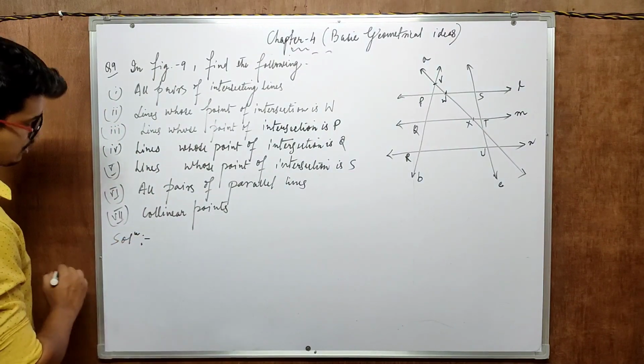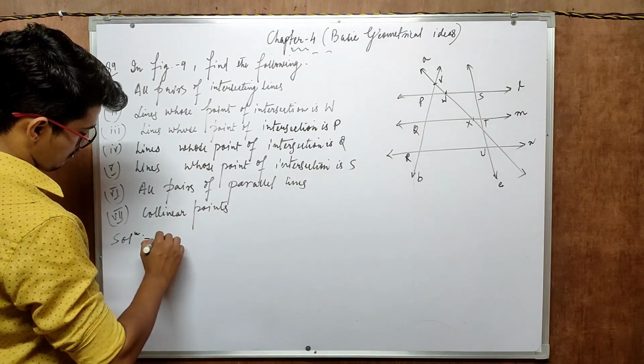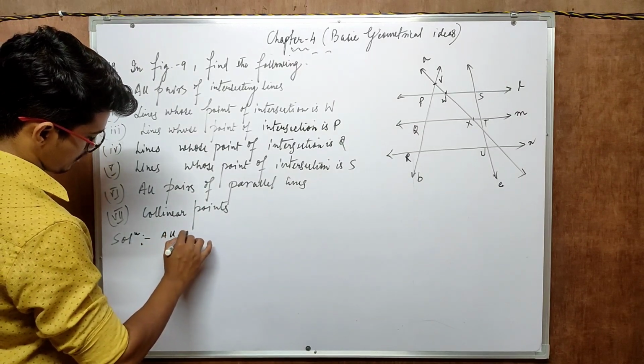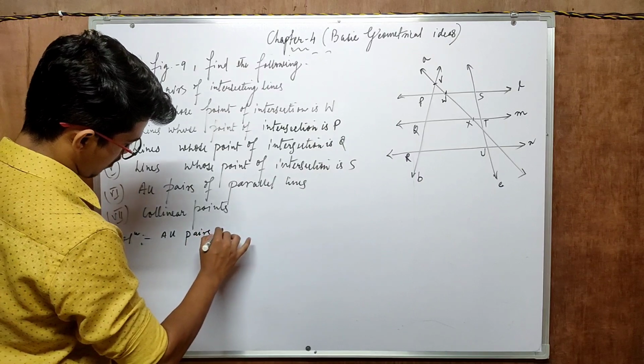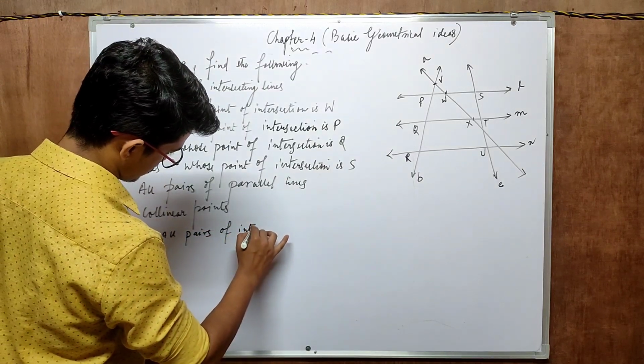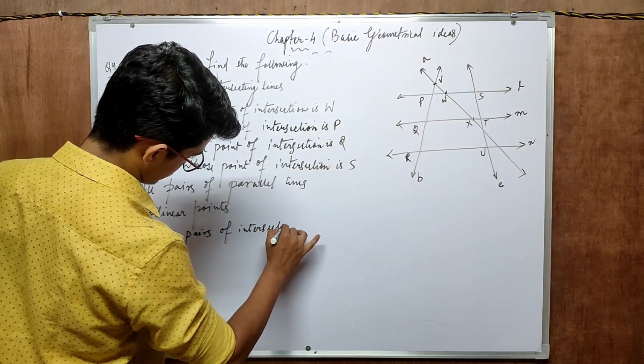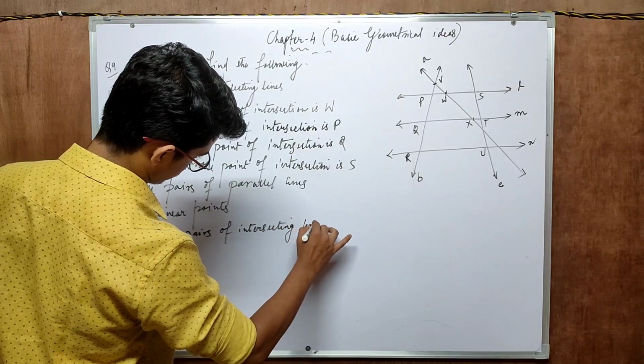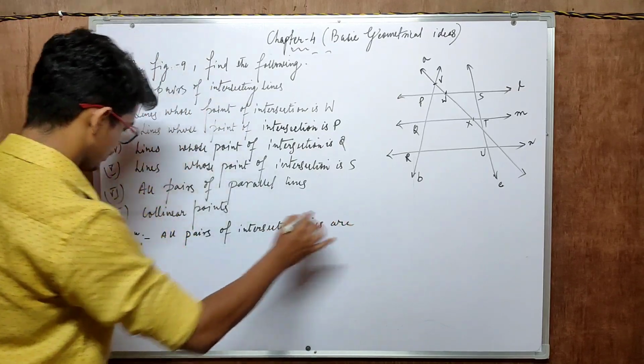So all pairs of intersecting lines are, let's start.